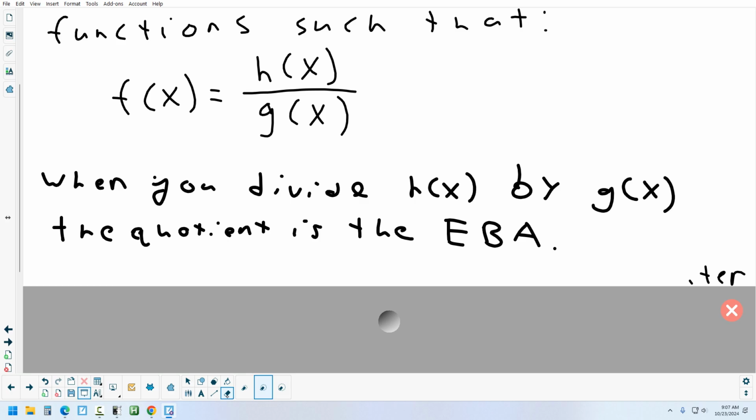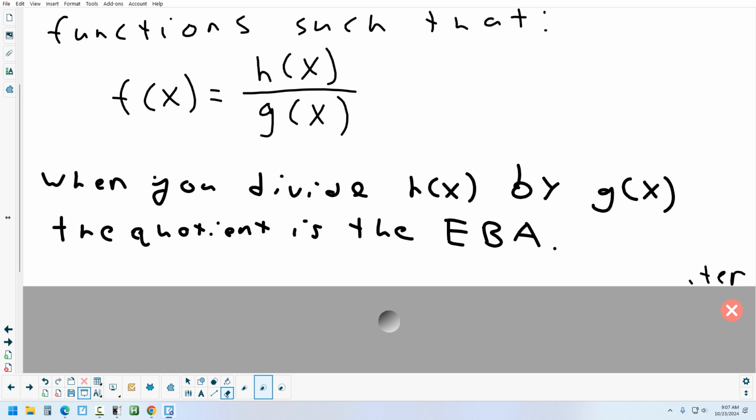Now, some EBAs can get pretty complicated to sketch. I might have you find an EBA that is a little more complicated, but not have you sketch that EBA, because finding it just means doing long division. Sketching it can get tricky because sometimes the EBA isn't straight and it starts to curve.